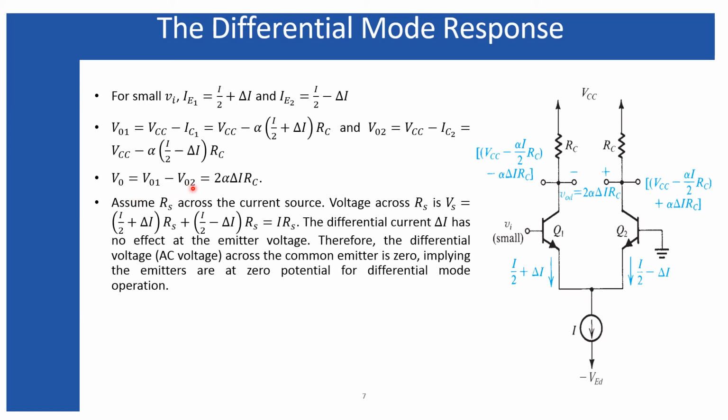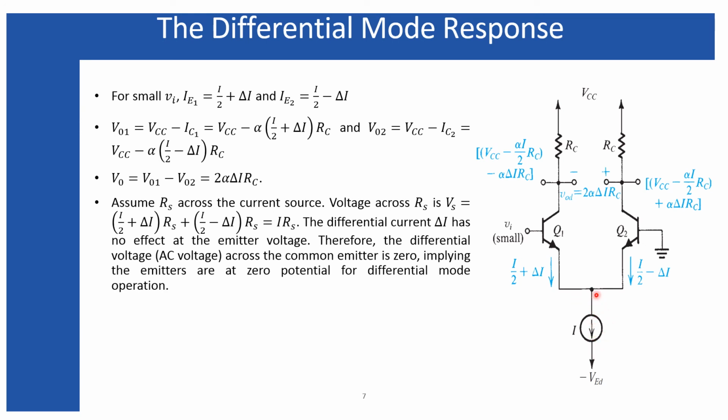Now, one more interesting thing that is observed for the differential input voltage in case of a differential amplifier is the potential across the current source. Let's assume the source resistance for the current source is Rs, which generally appears across any kind of current source.